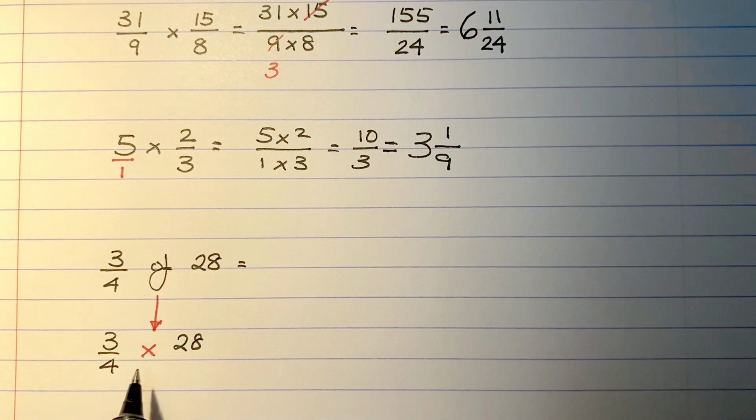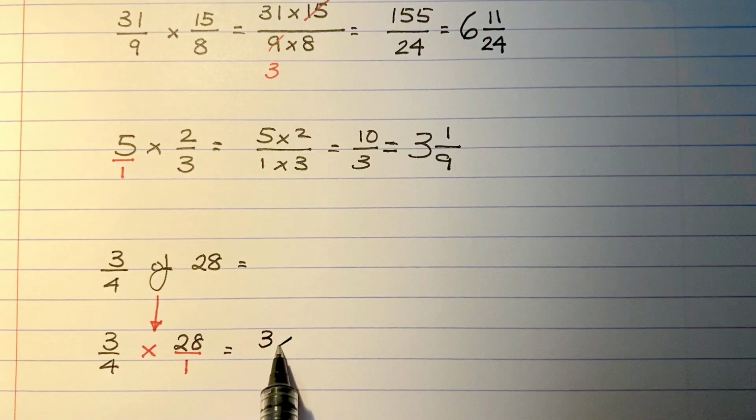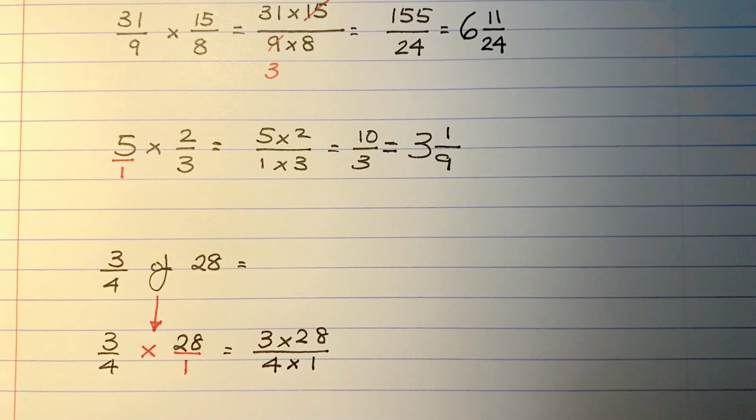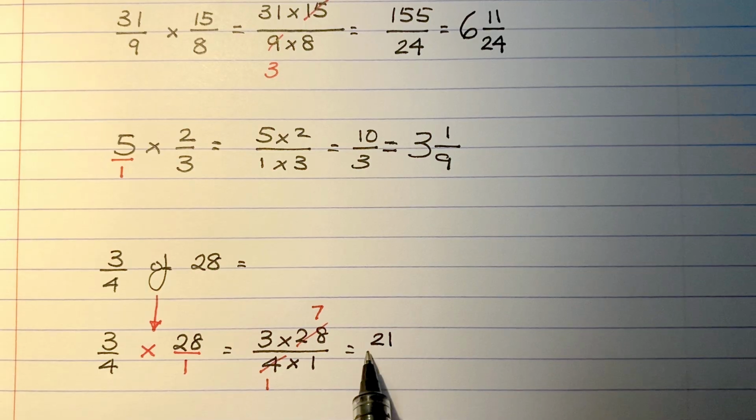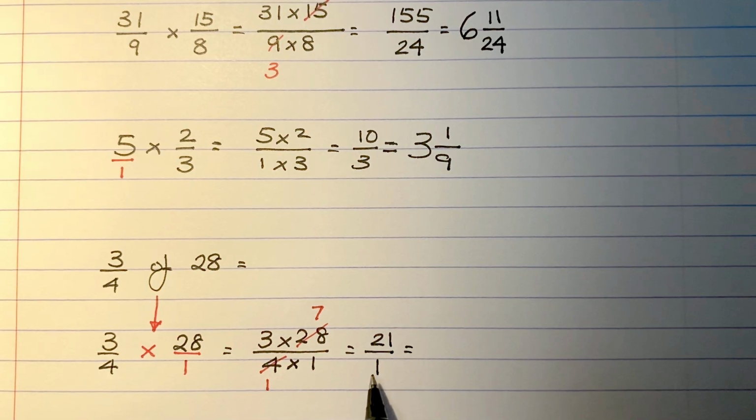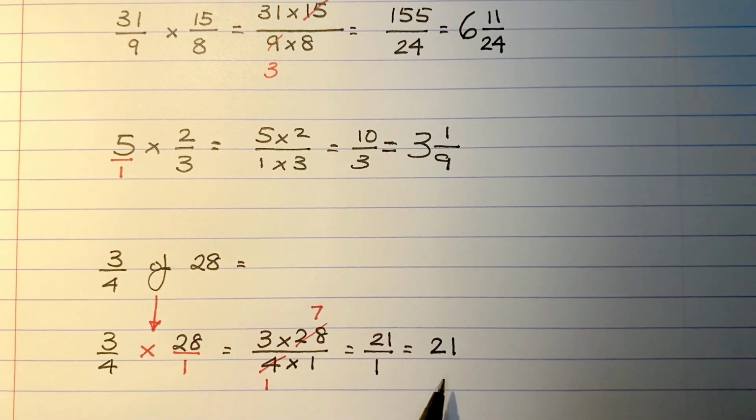Now, I've got a fraction, and a number which is not a fraction, and I'll make that a fraction. So we have 3 times 28 at the top, 4 times 1. 4 and 28 cancel. Nothing else cancels, so we have 3 times 7, 21. 1 times 1 is 1, and obviously 21 divided by 1 is 21. So 3/4 of 28 is 21. Of means times.